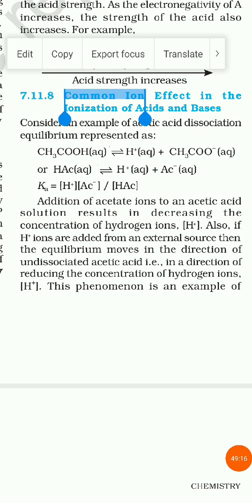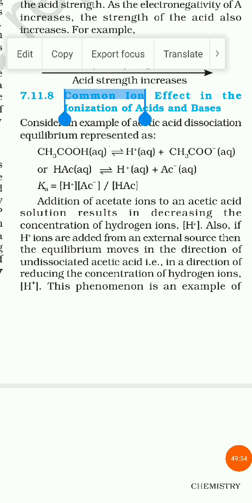If you take two acids or two bases, the same kind of group present in both is called the common ion. So with different acids, or two different bases, one of the ions will be common. That is called the common ion effect.